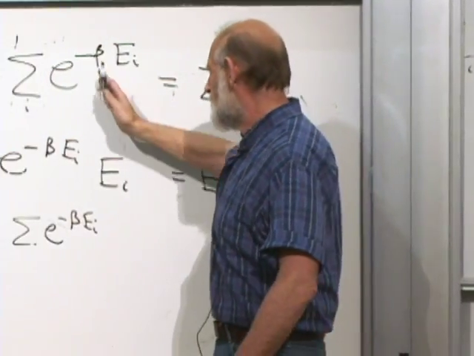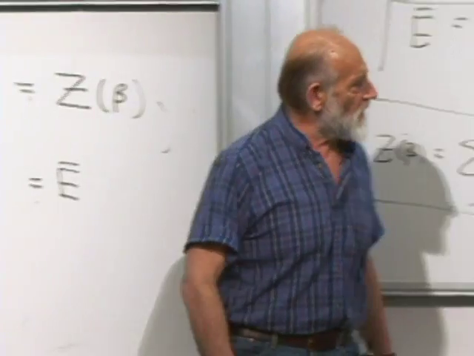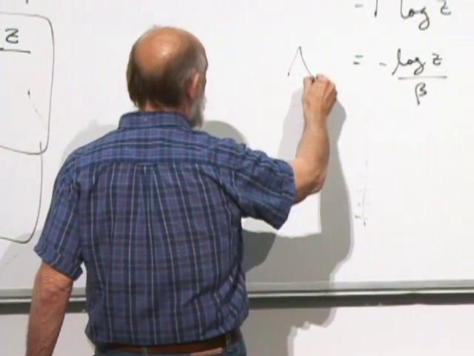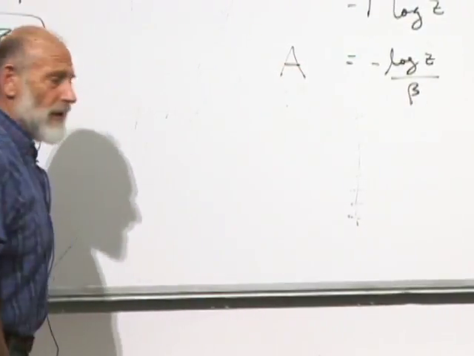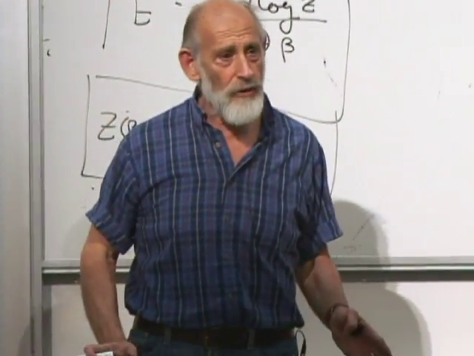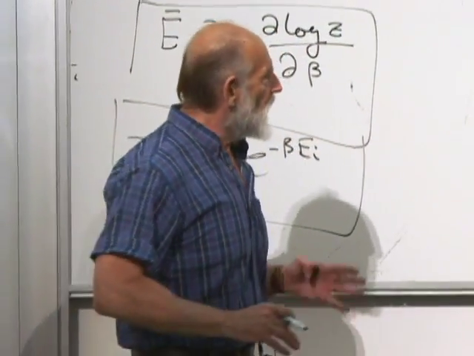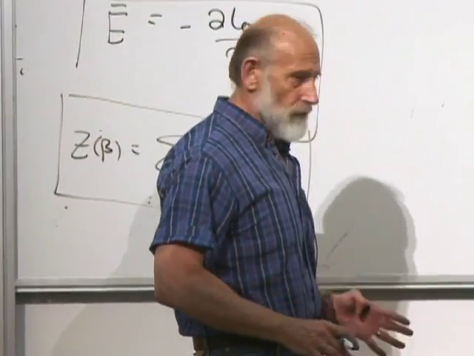Of course, really Z is the sum of such terms, but that doesn't prevent us from calling this kind of energy. It is what it is. It is not the energy of the system, it's called the Helmholtz free energy. A is the Helmholtz free energy.